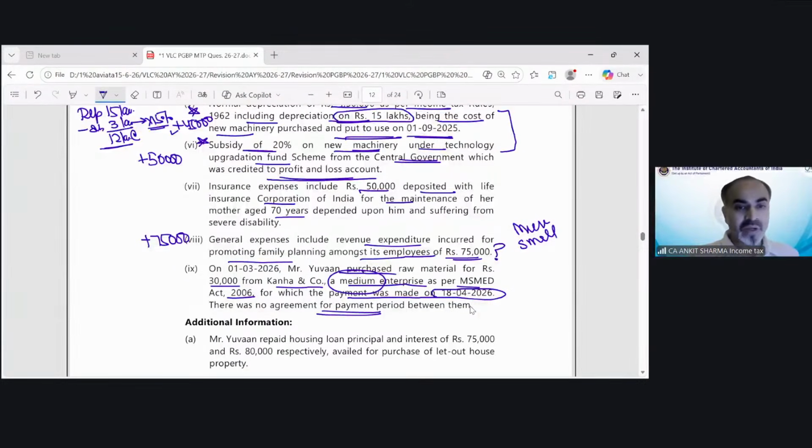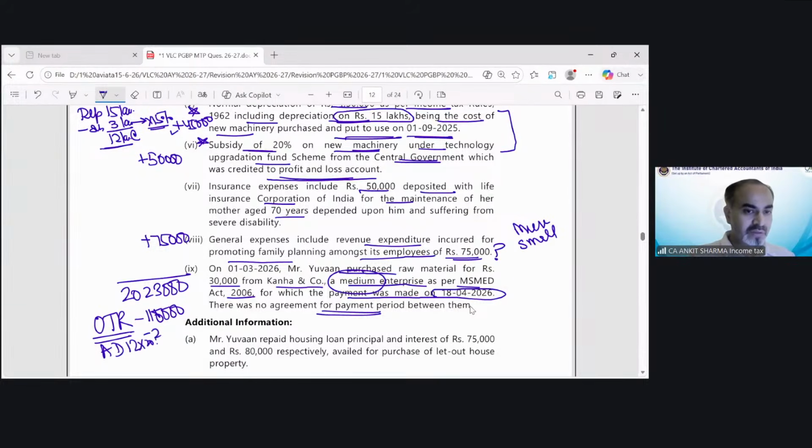So after doing all these plus minus, you will get your PGBP 20,23,000. And when you solve this question under optional tax regime, the scientific research expenditure, that is 10,000, can be claimed, and additional depreciation on 12 lakh rupees at the rate of 20%.